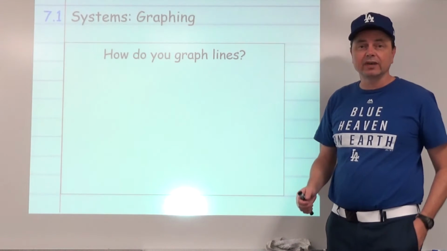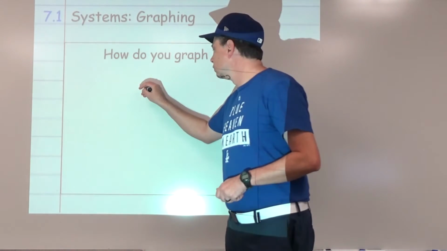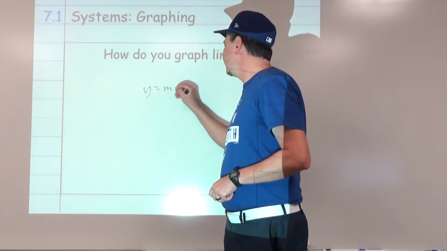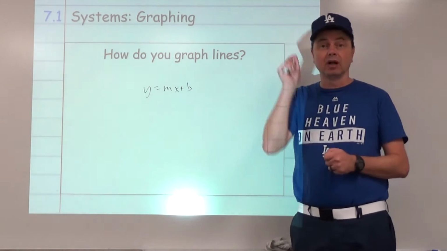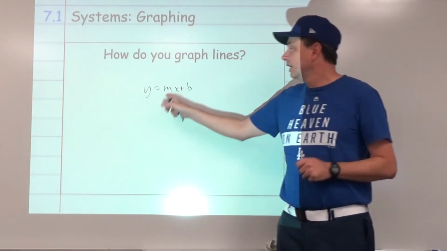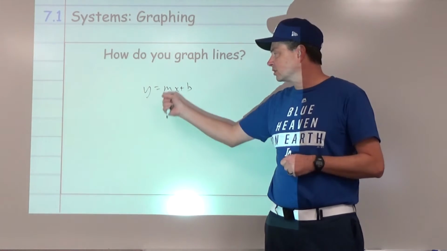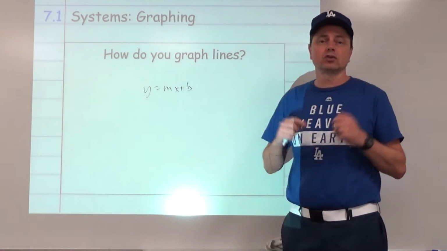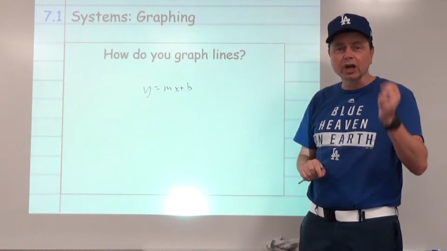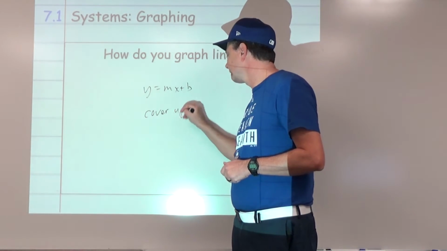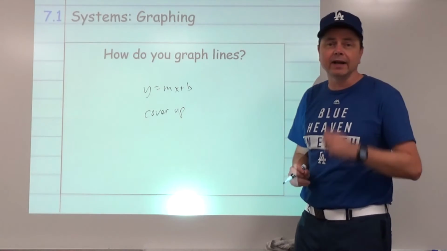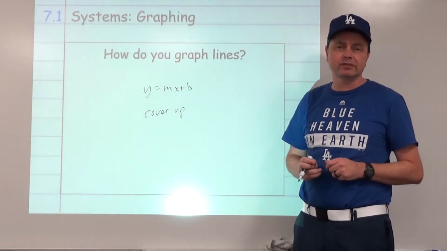So most of the time we've got our y equals mx plus b style, where we start with the y-intercept, plot that on the y-axis, then do rise over run for our slope, get our 2 points, draw the line. We also have the cover-up method for finding the x and the y-intercepts.